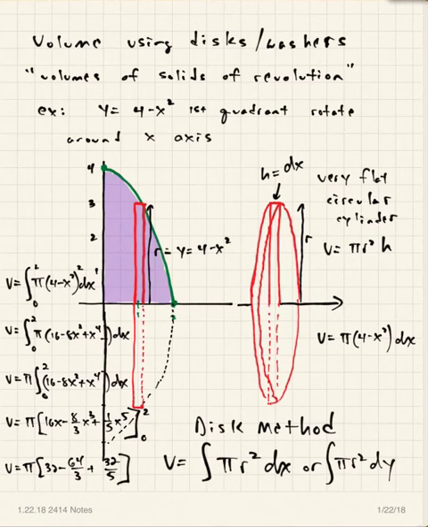Then you could finish that arithmetic up, dot, dot, dot. It's pi times something over 15. So the idea here is that you're going to use this form for the disk method, where you're using a rectangle to generate a disk, and then you're writing down the expression that gives you the volume of that disk.